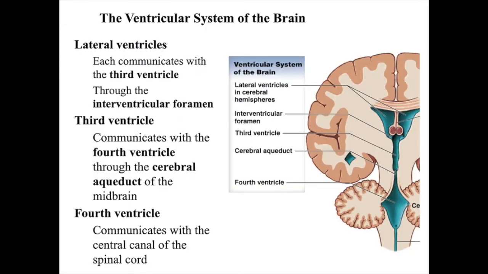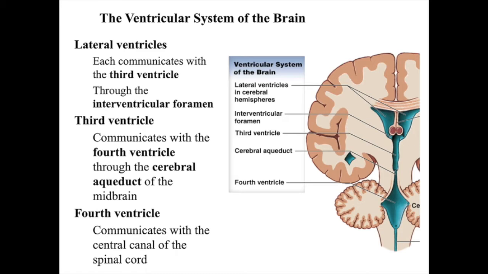Okay, so these are the names of the ventricles. So you see lateral ventricle, third ventricle, fourth ventricle. So there are 4 ventricles: 2 lateral ventricles, then a third, and then a fourth. So your goal here is to identify their anatomy.